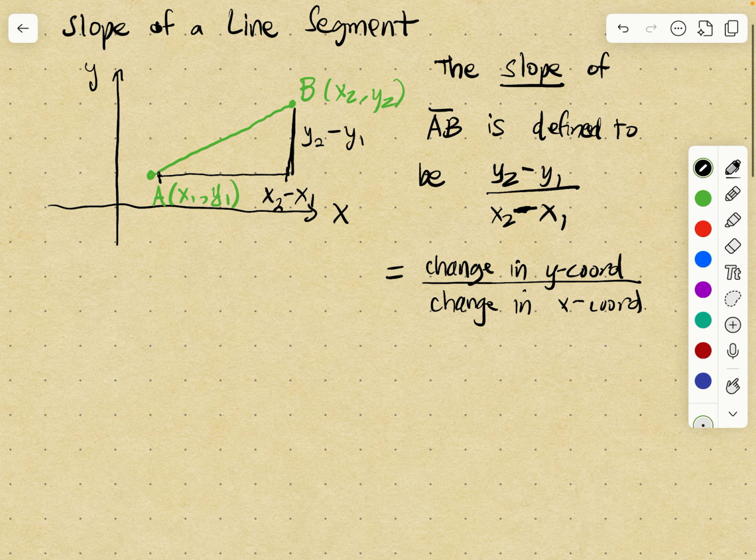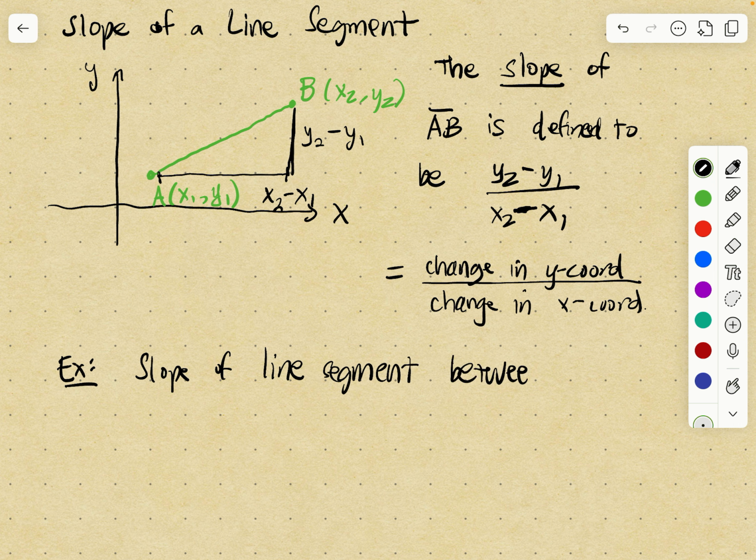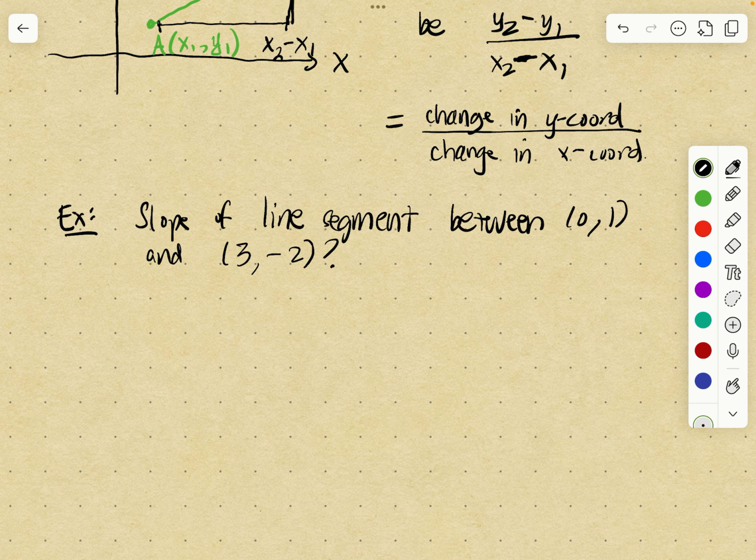Here's an example. What's the slope of the line segment between 0, 1 and 3, negative 2? Pick one of them to be x1, y1, and the other to be x2, y2.